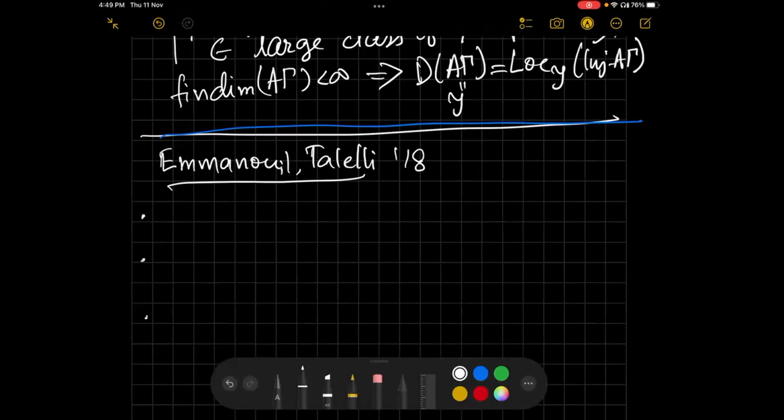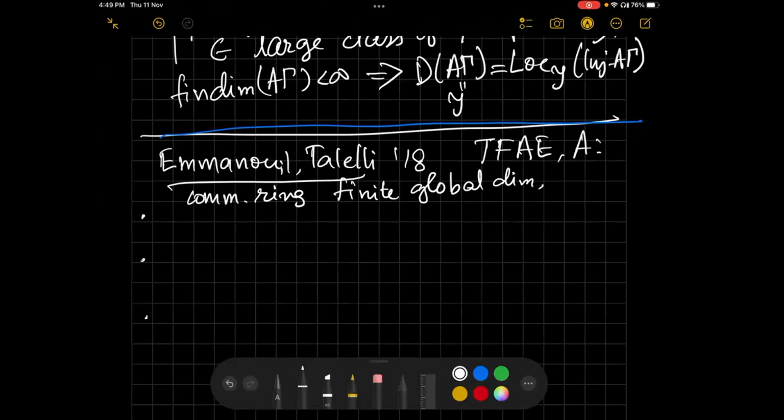They prove that the following conditions are equivalent, where again A is a commutative ring of finite global dimension and γ is any group.